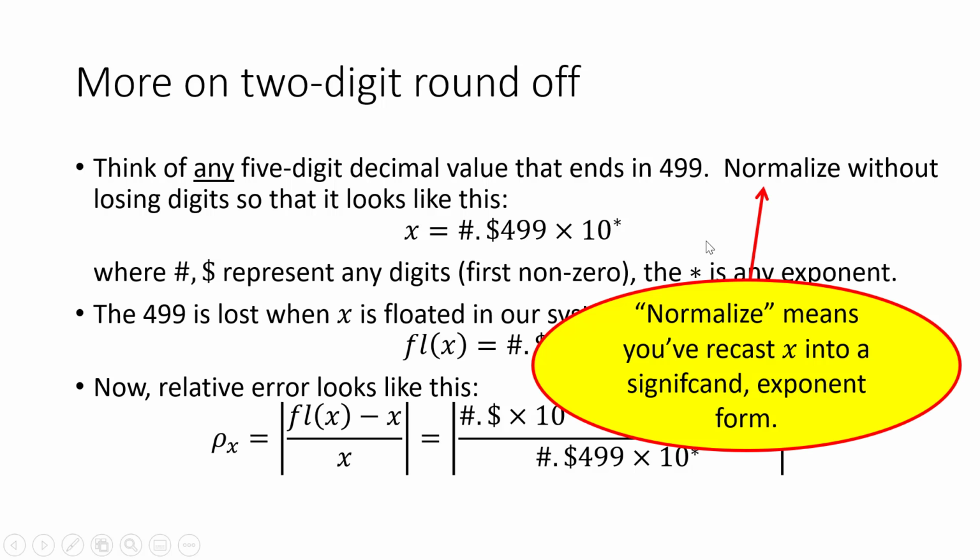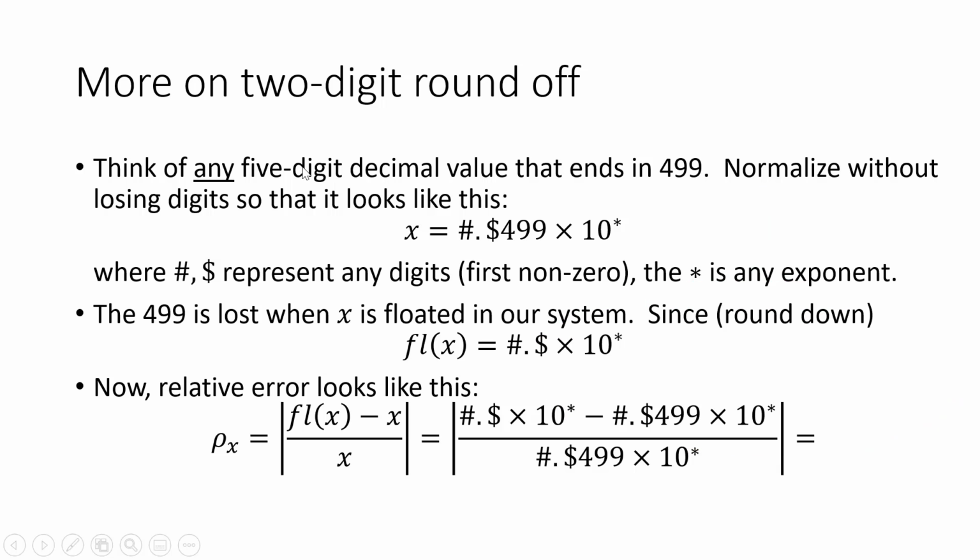Normalizing means that you're going to recast that x in such a way that you have a non-zero first digit, pound, first being non-zero, and then the dollar could be any digit, and then you're going to have an exponent for the 10, any exponent.